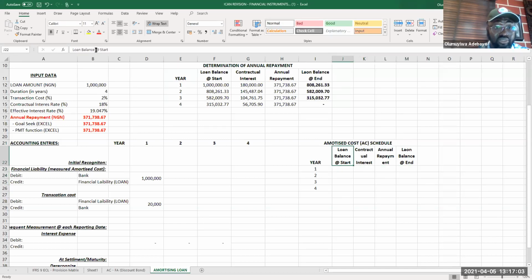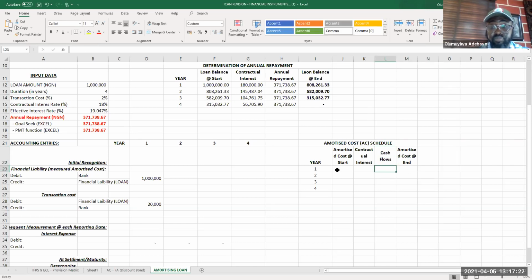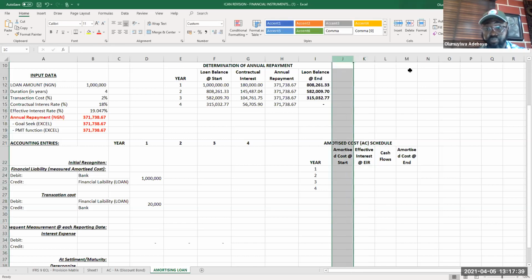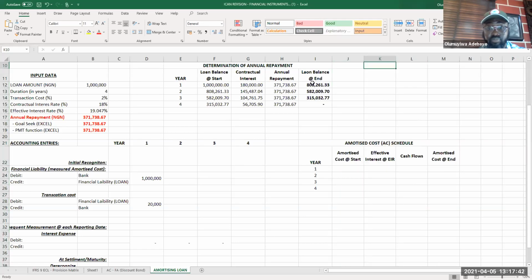Amortized cost schedule: amortized cost at the beginning, amortized cost at the end, cash flows, which are also the repayment, and effective interest, which is usually based on the effective interest rate. Okay, that's our schedule.